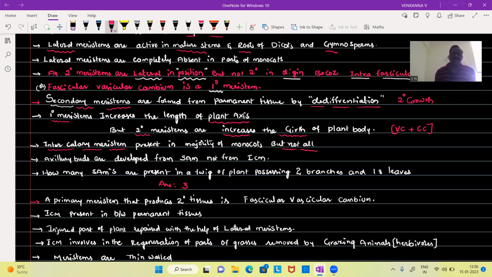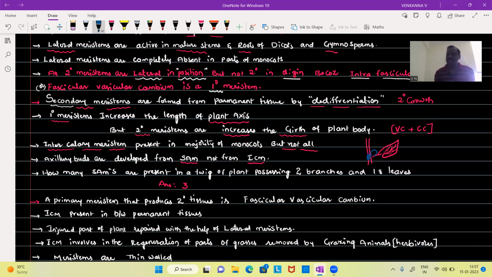Axillary buds are developed from shoot apical meristem, not from intercalary meristem. Why? Suppose this is a vertical axis, and here in this axis, this is a leaf. You know the axillary buds are present at the axil of the leaf at the place of node.